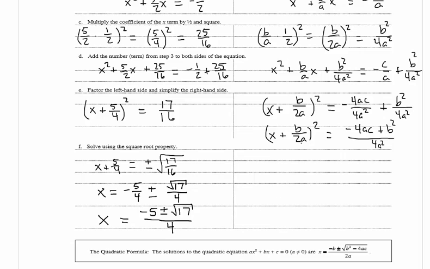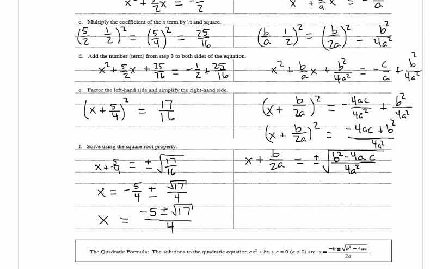In the equation on the right, the next step is to take the square root of both sides. So we have x plus b over 2a is equal to plus or minus the square root of b squared minus 4ac divided by 4a squared.